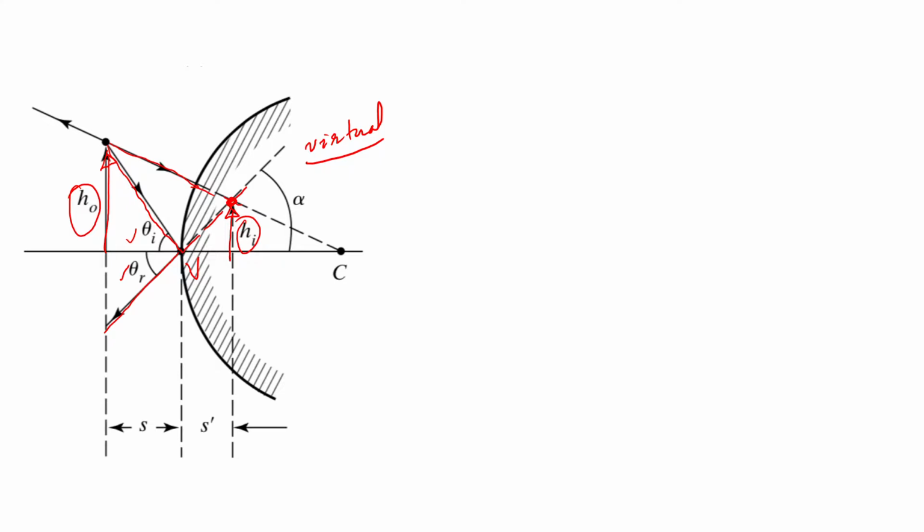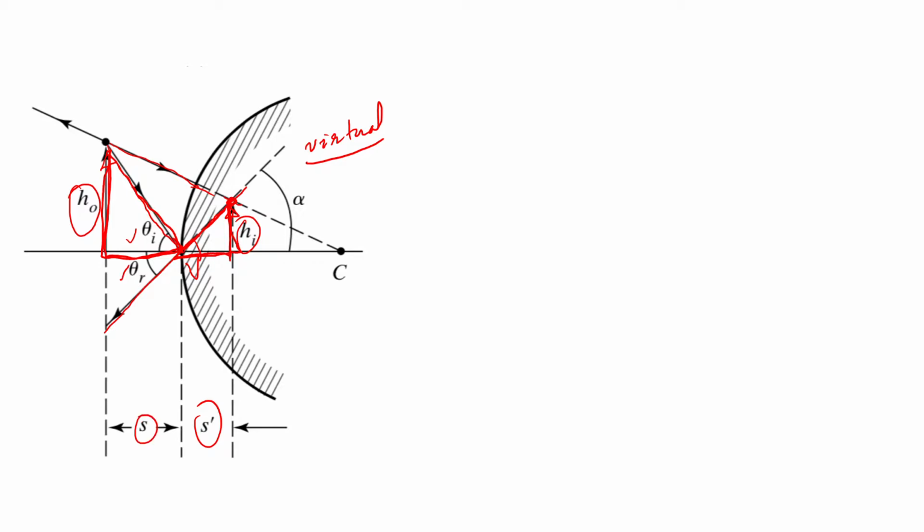Looking at these two triangles, the first triangle is this one with the image, and the second triangle is this, right? You can see that these triangles are similar. If I look at this angle, then this distance is the image distance, and this is the object distance.